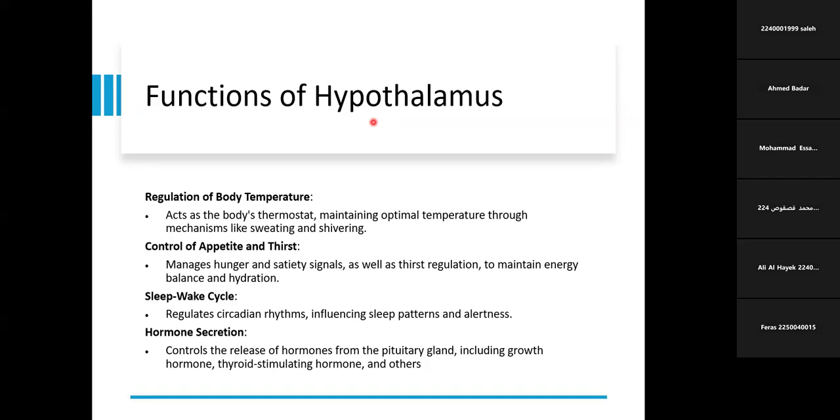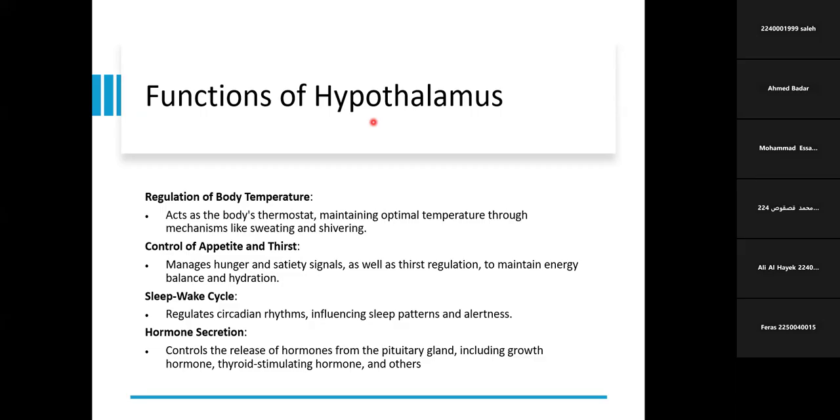It has strange functions. It's a very small place in the brain, but it has so many functions that if you ask me, doctor, what do you think about ruh? Where is ruh? Where is our soul? So I will say probably Allah subhanahu wa ta'ala has put it in hypothalamus. I am not sure. But hypothalamus has every function in the body.